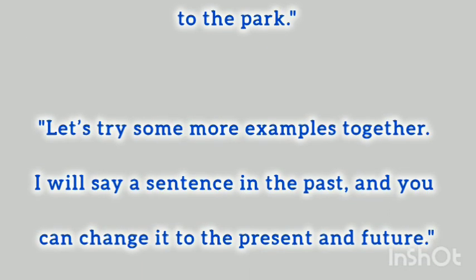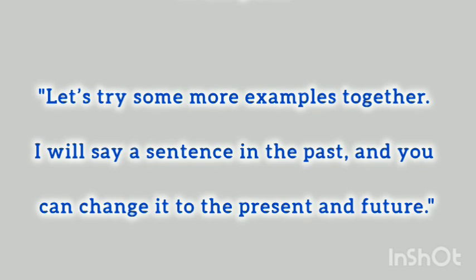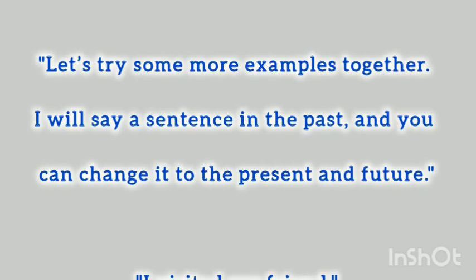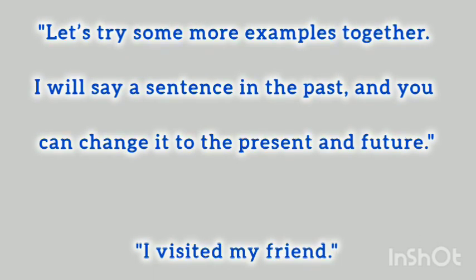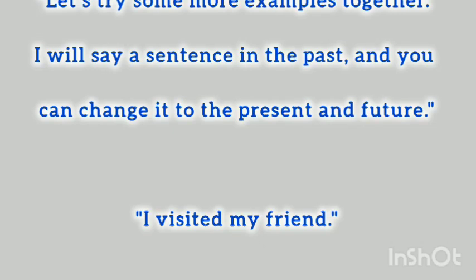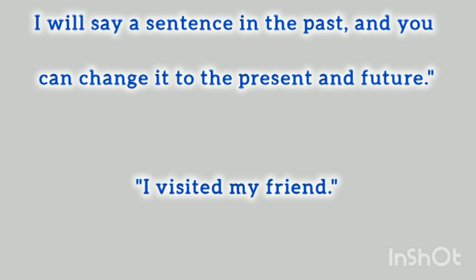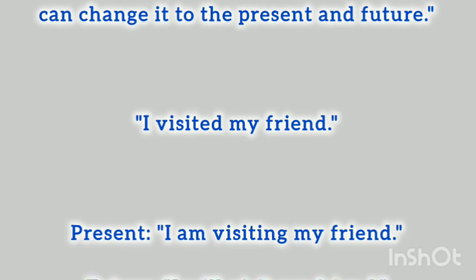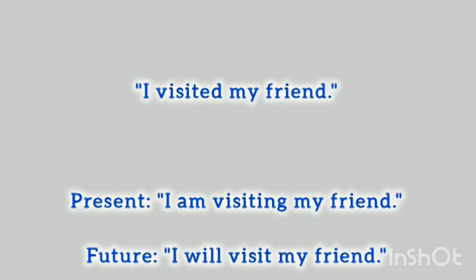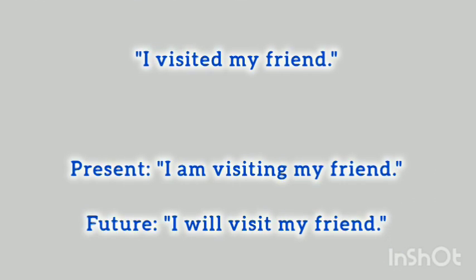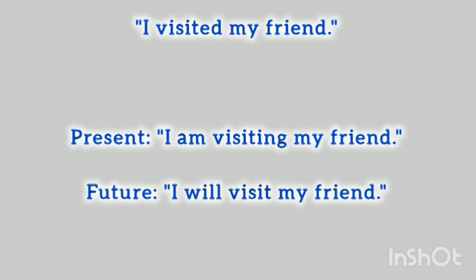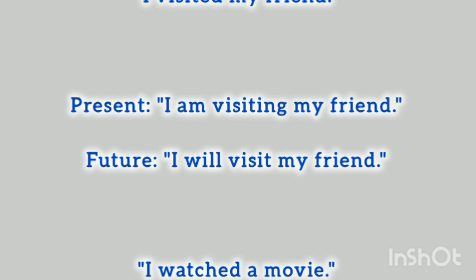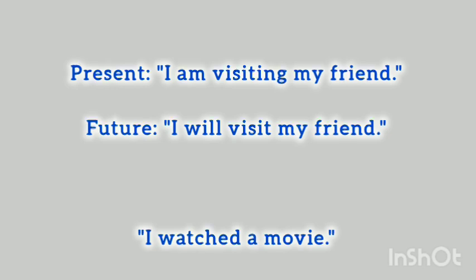Let's try some more examples together. I will say a sentence in the past and you can change it to the present and future. I visited my friend. Present. I am visiting my friend.